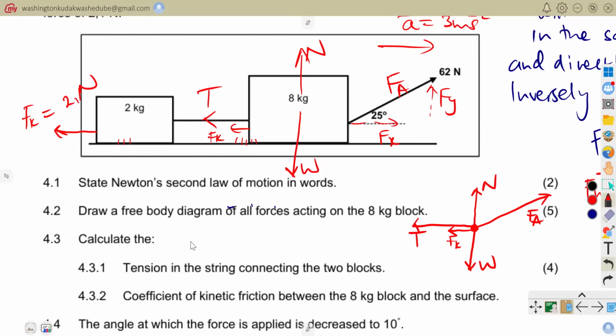So this is the applied force, this is the normal force, this is the weight, this is the tension, and this is the frictional force. And the 5 marks gives you a hint of the number of forces you're supposed to draw there. Okay, fine.